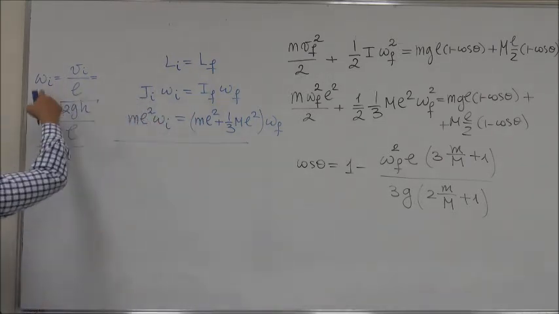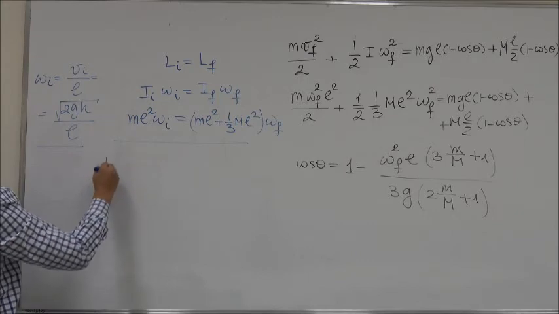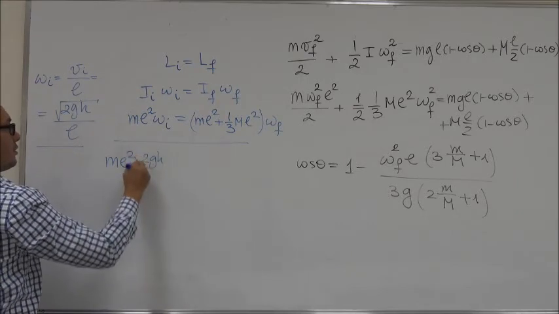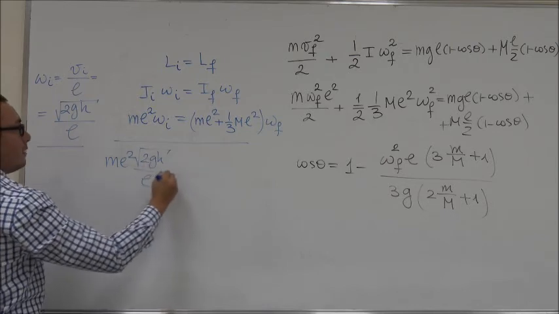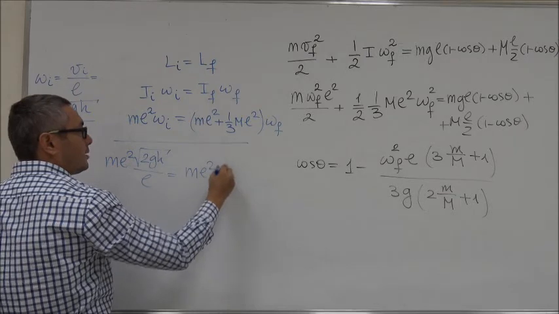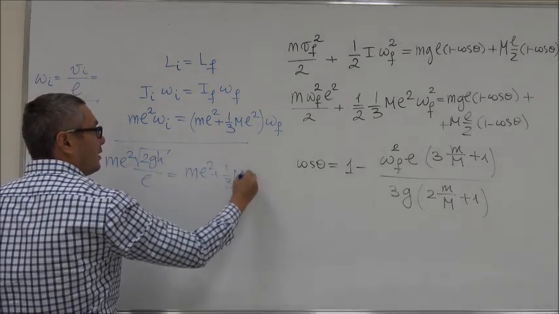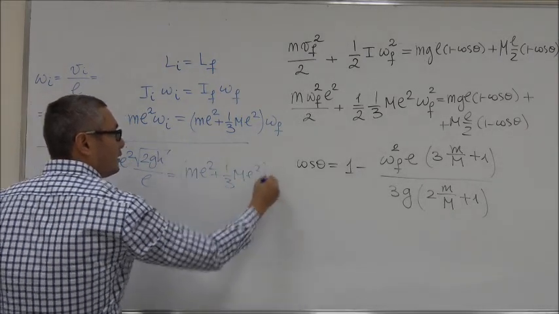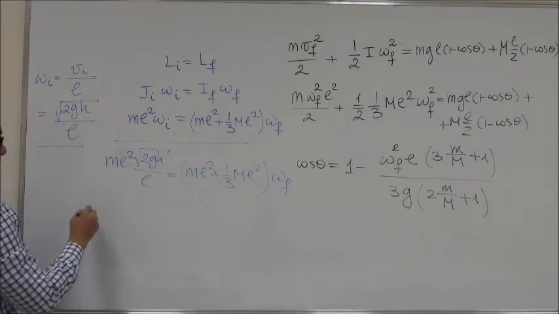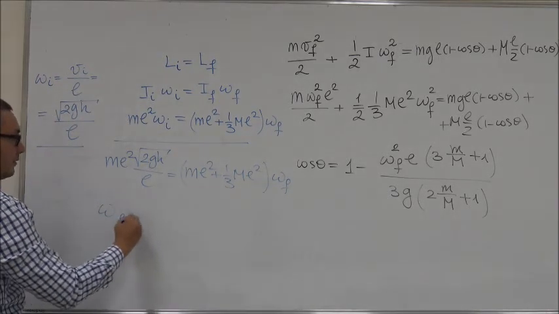You can take this omega initial and plug it in here. So you have ml squared 2gh over L equals ml squared plus 1 over 3 ml squared omega final. So from here we can calculate omega final.